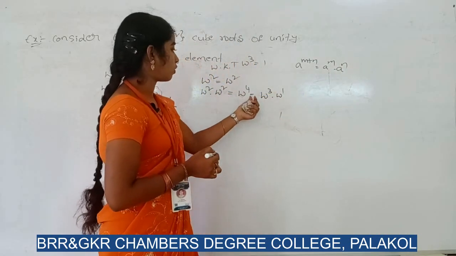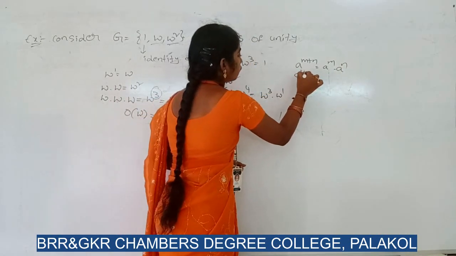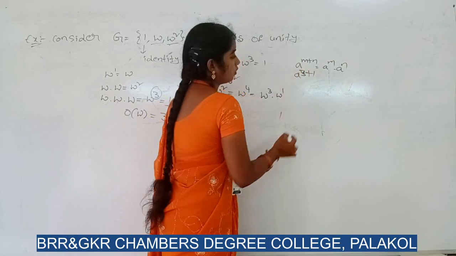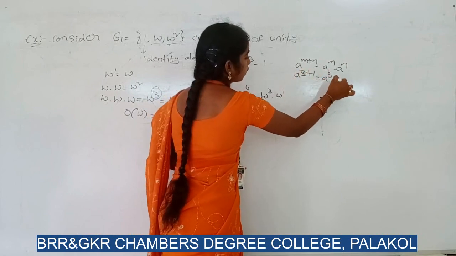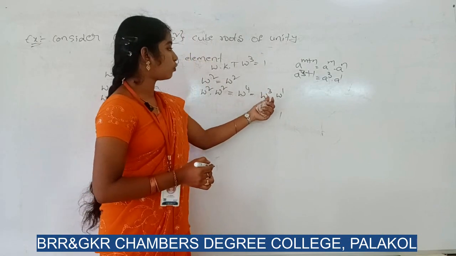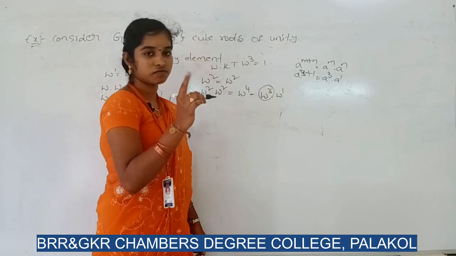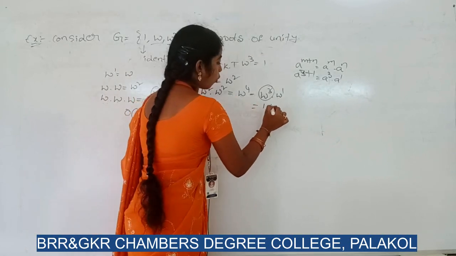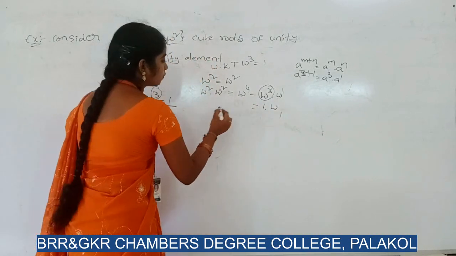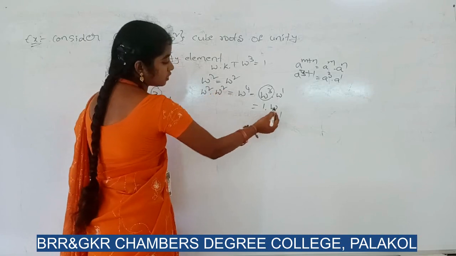Omega cube value is 1, so 1 into omega. So the next value is omega.